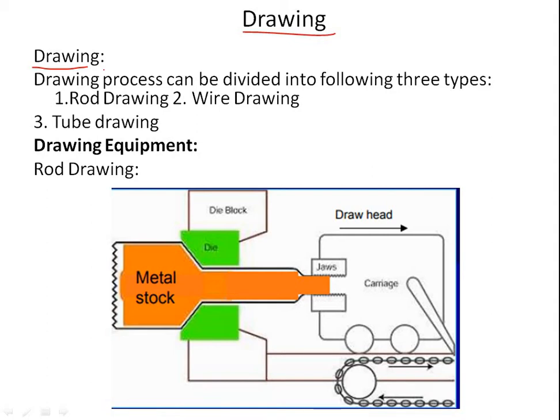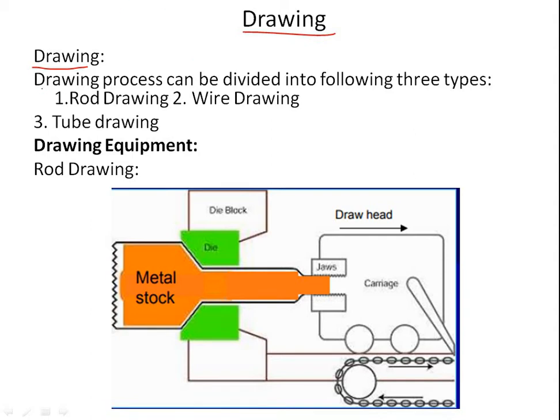The tensile forces induce indirect compressive stresses at the die surface and cause plastic flow of the metal. The process of reducing the diameter of material by successive drawing operations is termed bar, rod or wire drawing.